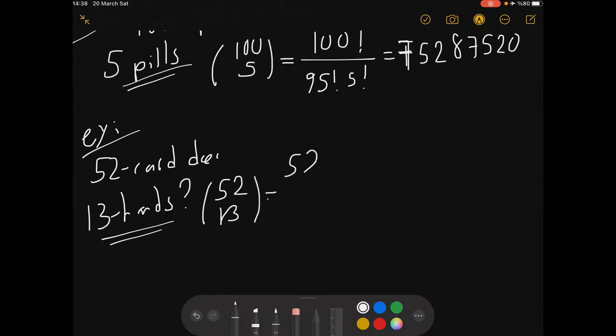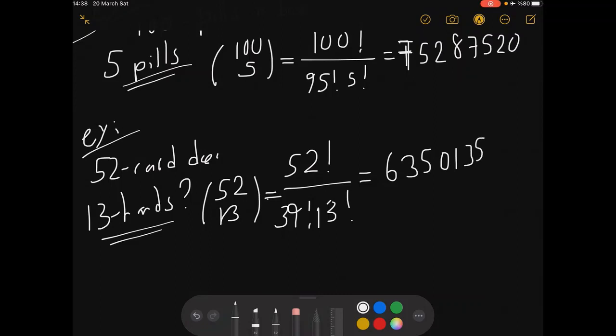They are very ugly, but thanks to our calculators we can calculate them in a few steps, hopefully. It's 635,013,559,600. This many combinations of 13-card hands are possible here. So that's the idea.